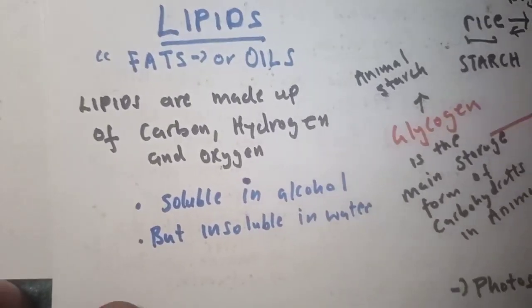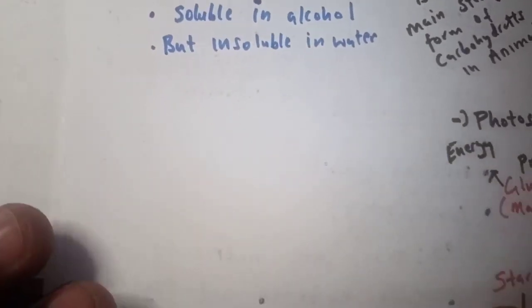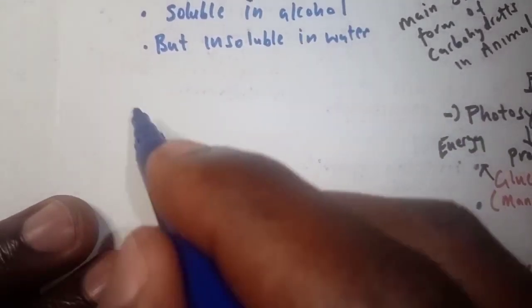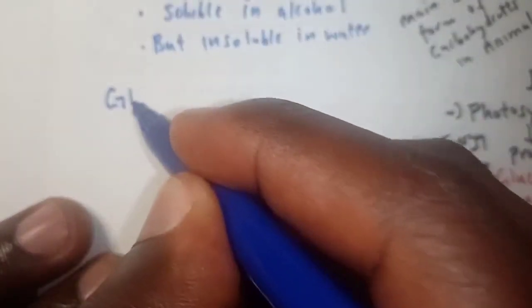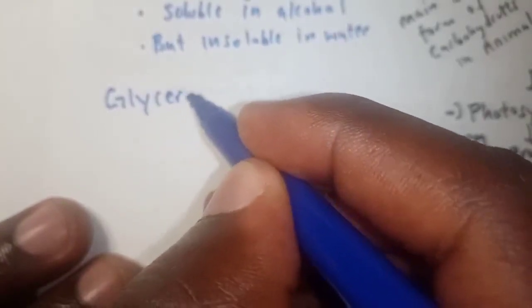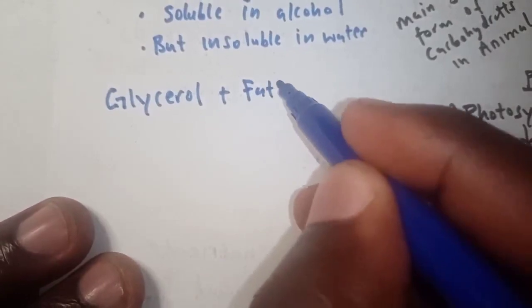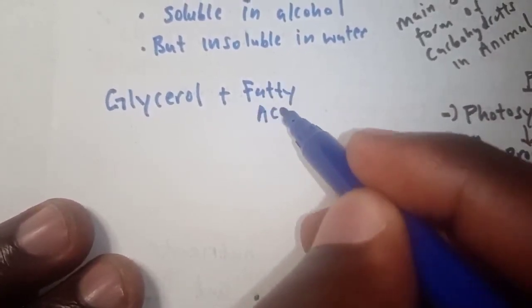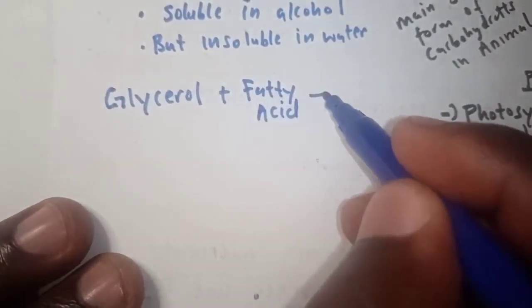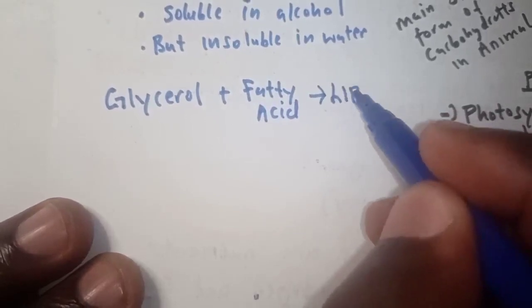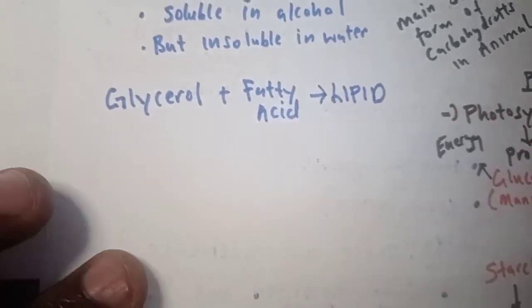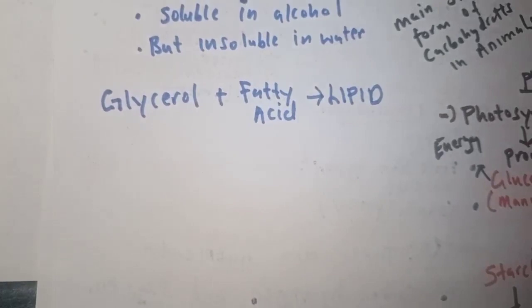Now lipids are made up of two things. You have glycerol plus fatty acid. When you add these two, you get a lipid.